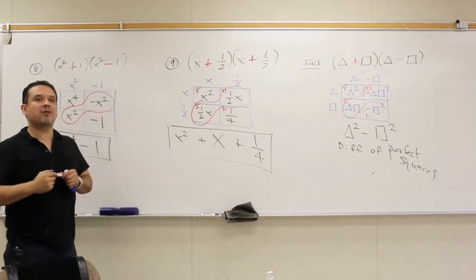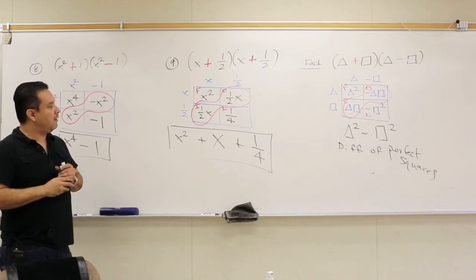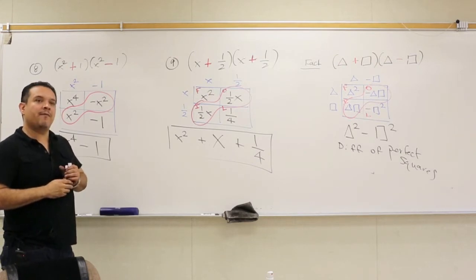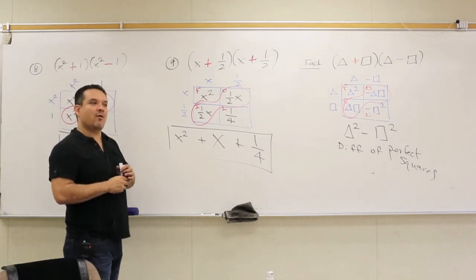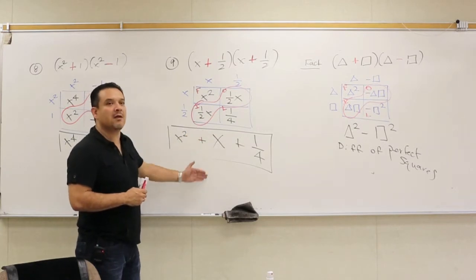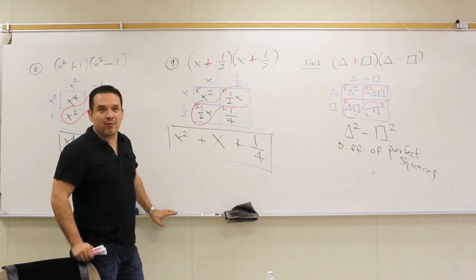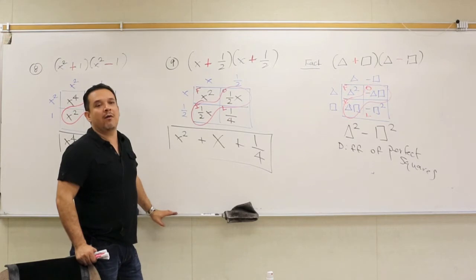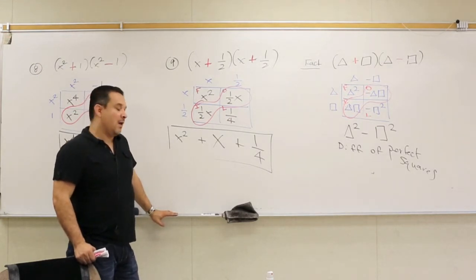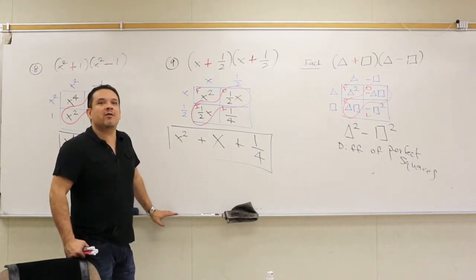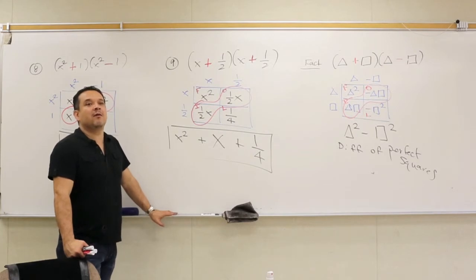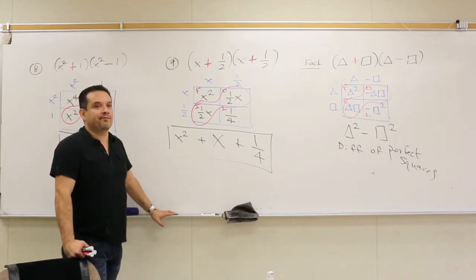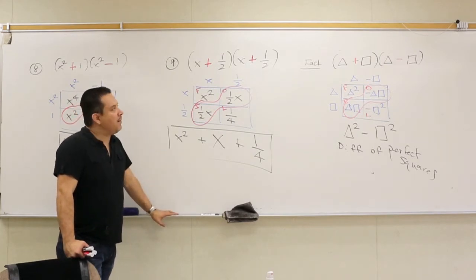We have a question? You don't have to put like 1x. No, that's a good question. You don't have to put plus 1x. If you did, would I get mad at you and mark it wrong? No. But you want to know what you might see in the back of the book as an answer? That 1 will be gone. Yeah, that's a good point that you make.